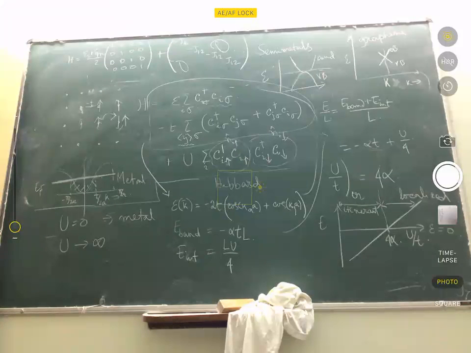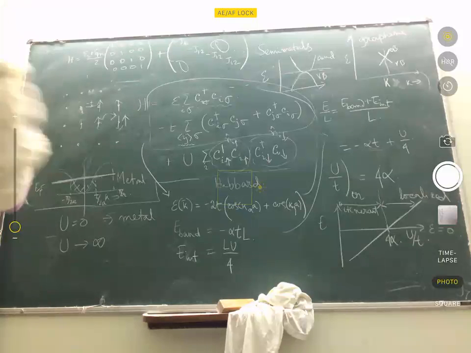Okay. So this metal insulator transition is not due to a half-filled band in the sense of an independent electron picture. Something else is happening.